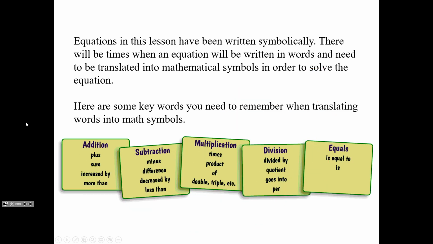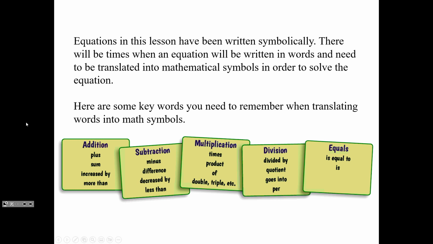So now, when we have equations that we need to create out of word problems, we'll use these words right here. At the bottom of your page, on example 3, you'll see all of these keywords. When we see words like plus, sum, increase by, more than in a word problem, we know that we're talking about addition.